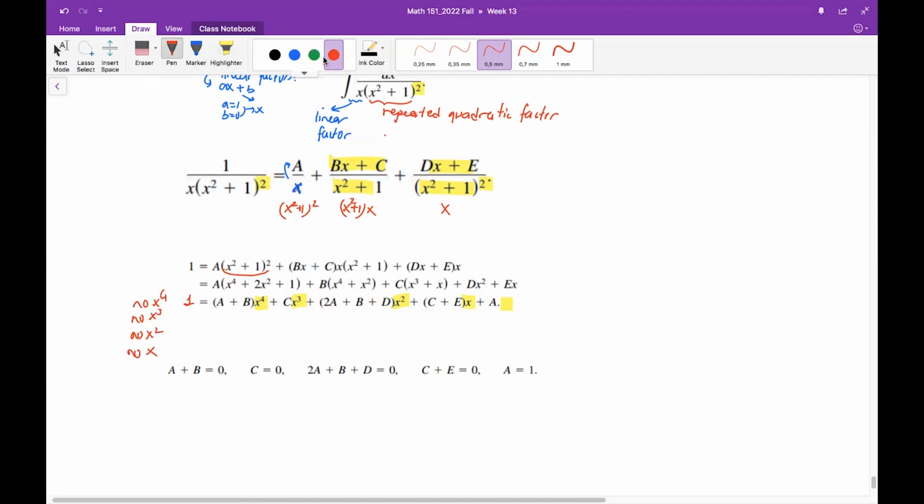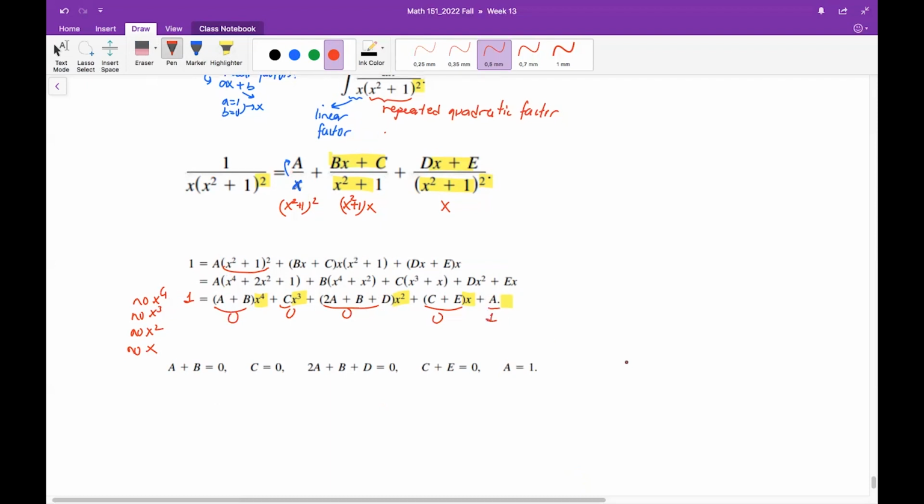Which means that all the coefficients of x to the power 4, x cubed, x squared, and x should be all 0. Because we are just comparing the coefficients on the left-hand side and the coefficients on the right-hand side. And the constant term should be the constant term on the left, which is 1.